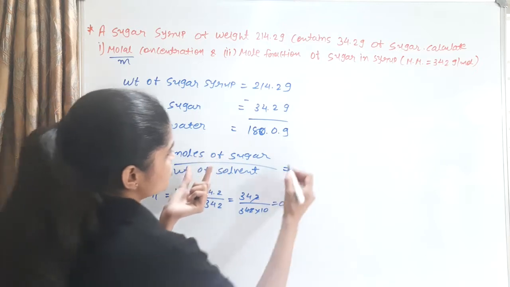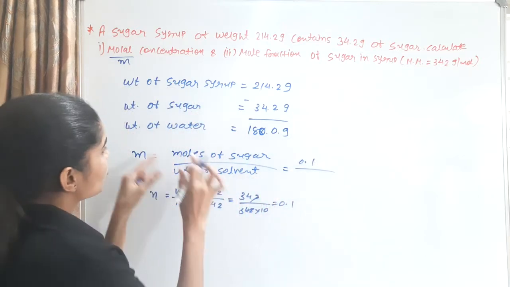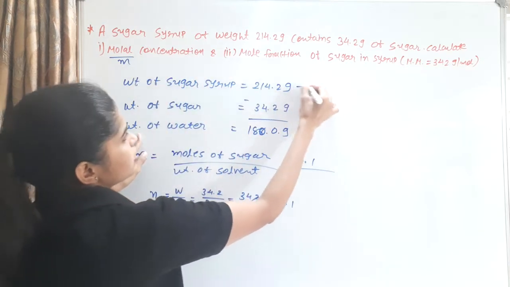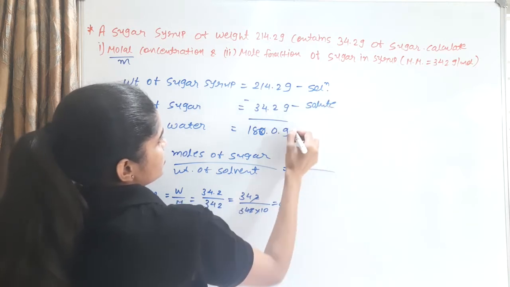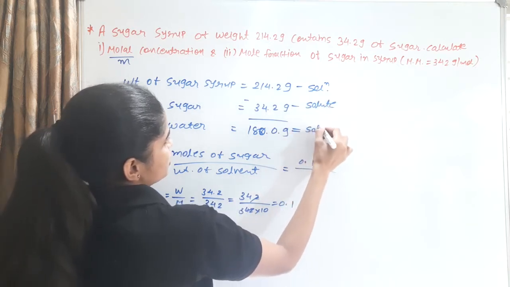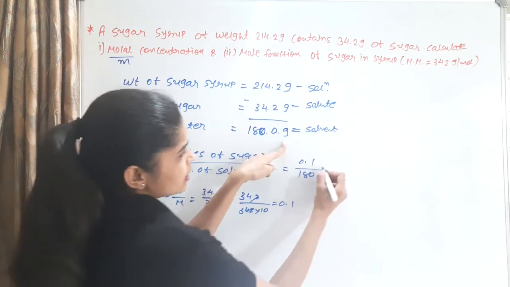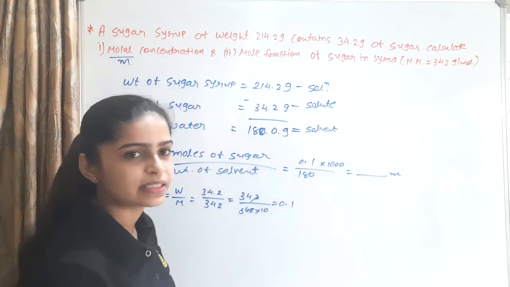So moles of sugar is 0.1, divided by the weight of solvent. Water is the solvent, because the sugar is the solute and the whole is the solution. Solvent is 180 gram, so multiply with 1000. It gives the value of the molality.